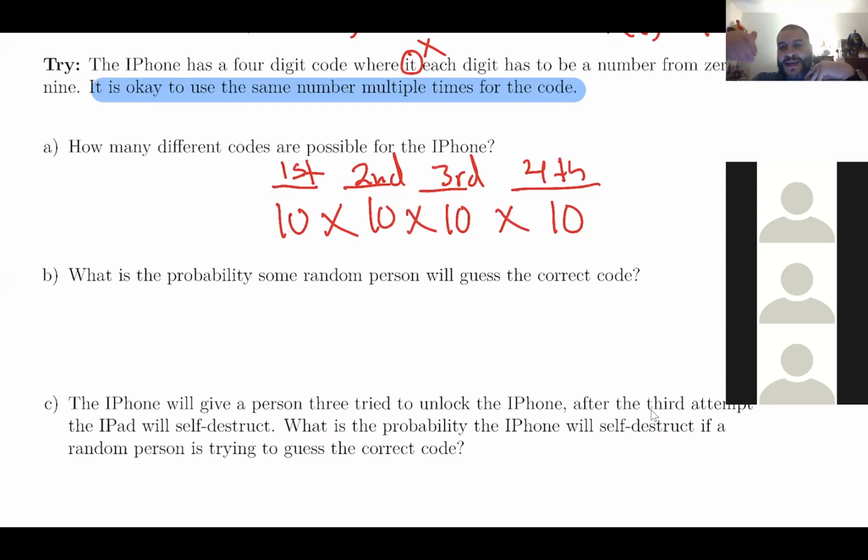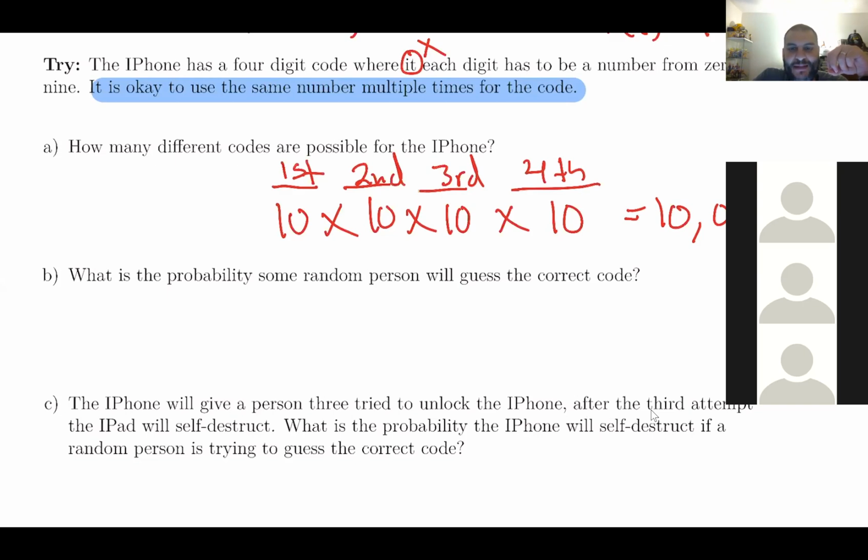That gives 10,000. So we get 10,000 different passcodes.